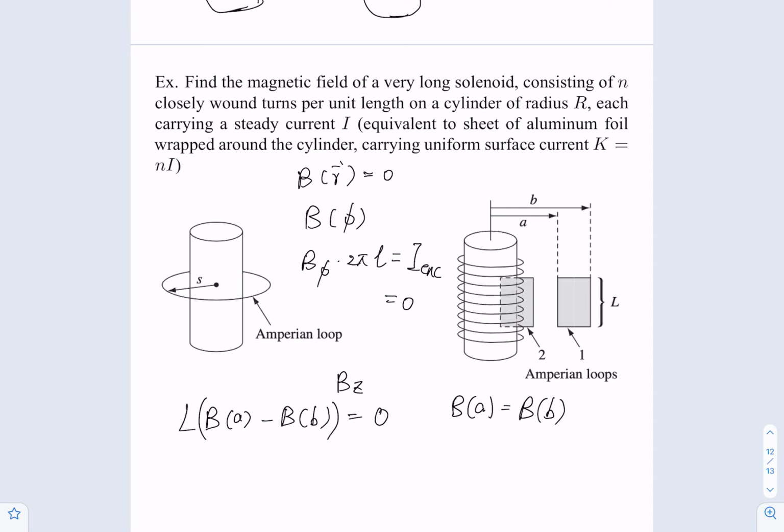So this means that B outside has to be 0. Otherwise, it will give a finite contribution at infinity.